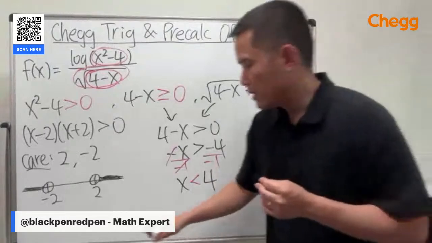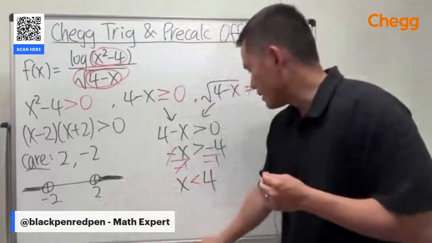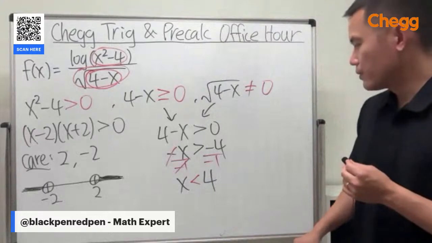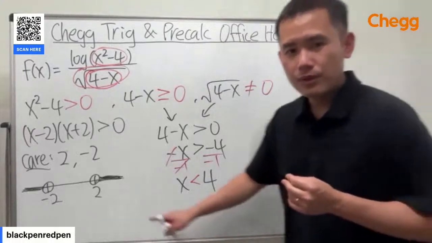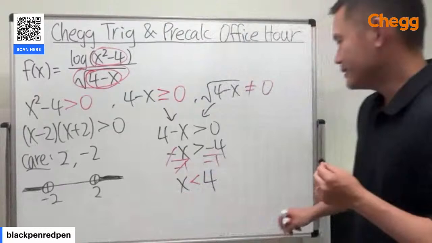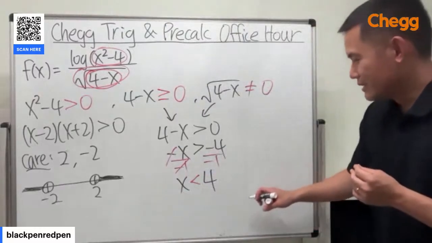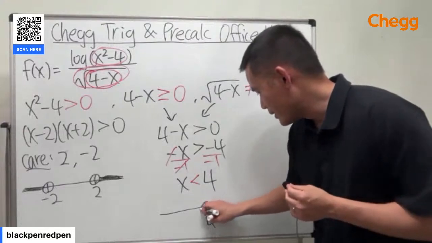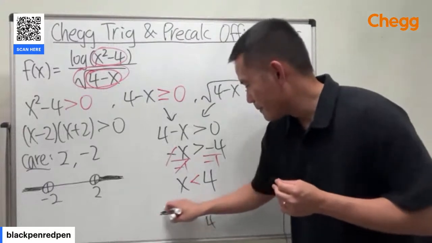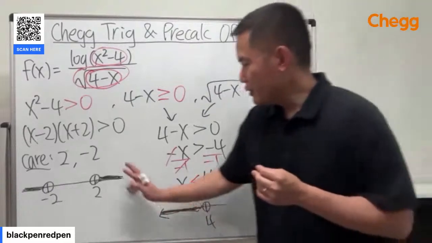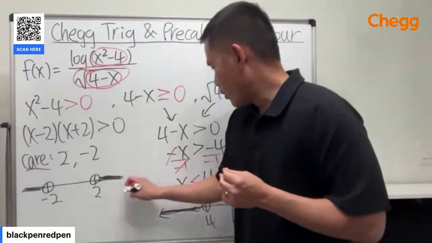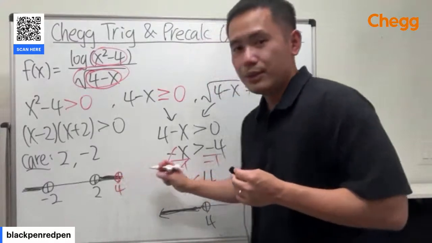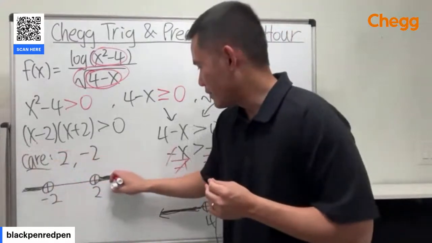So now, let me see. If you put them together, let me see how to organize this. Okay. So for this right here, it's like a 4 and then open circle and then you go the other way, right? So imagine if you put 4 right here. This is like the 4 that we want right here. So make a mark, open circle, 4. And then you go all the way to the left.